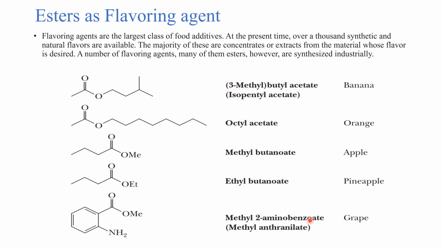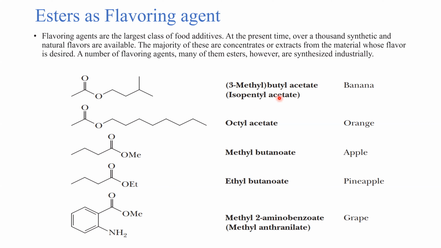If you go for any of the cosmetics or any product and check their labels where they have mentioned their ingredients, you will see that these esters are listed, and the products have more than one ester. The blend of these esters gives the particular aroma of that product.